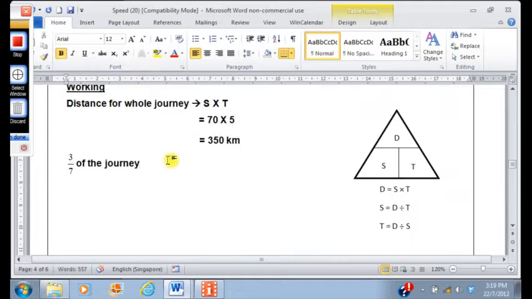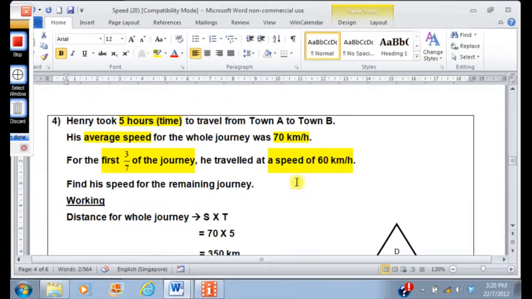Right, 3/7 of journey. So what will be the distance? So I take 3/7. Off you replace by times. Take the 350 kilometers. This will give you 150 km. So this 150 km is the distance, and he took a speed of 60 kilometers per hour.